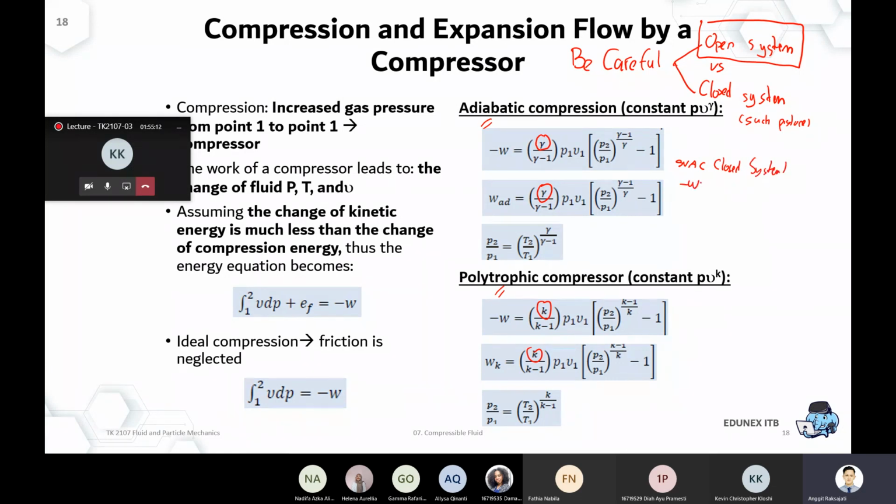Usually the work will be expressed as 1 per gamma minus 1, P1 V1, P2 per P1 to the power gamma minus 1 per gamma, minus 1. So that's the difference. One is multiplied by gamma, one is multiplied directly by 1. This is for a closed system, but for an open system, we have to multiply by gamma. Check that. And hopefully by Tuesday, we can finish this calculation part.